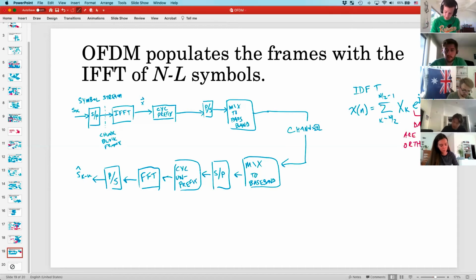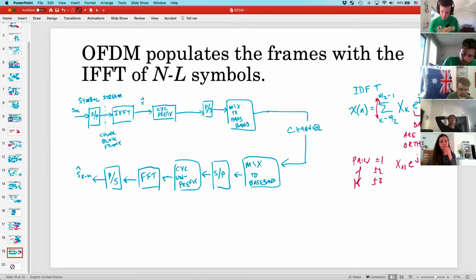And so if we do our DFT or IDFT over a symmetric range about the origin, then what you're seeing here, if you apply Euler's formula, is a whole bunch of cosines or sines. Right? So if we take pairs like plus minus 1, plus minus 2, plus minus 3, pairs of k, then we're getting X plus or minus 1 times e to the j 2 pi n over N times plus or minus 1.